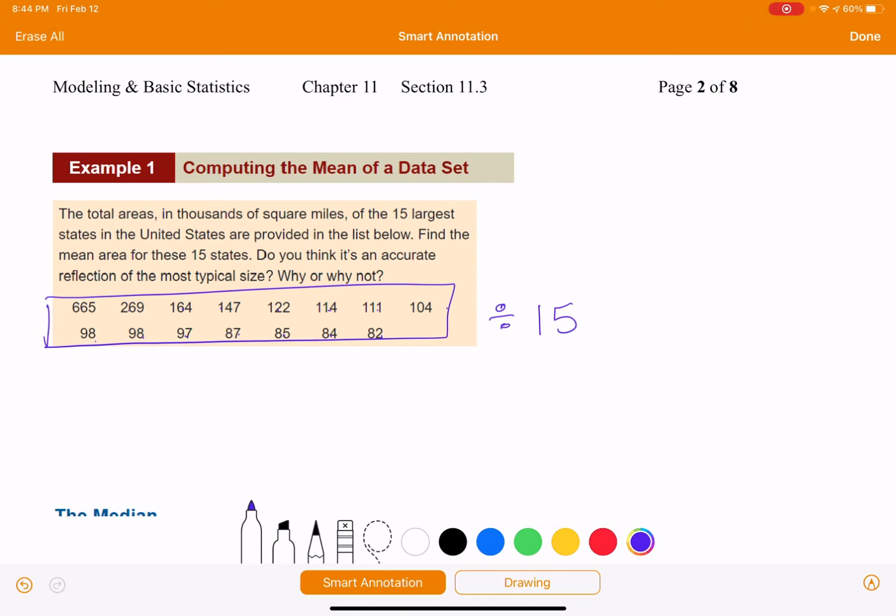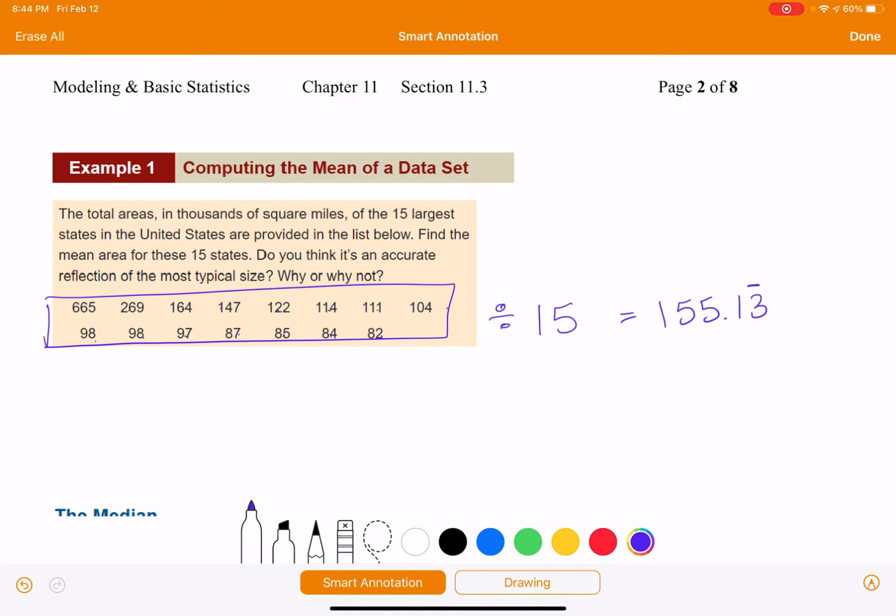Sorry, I'm adding it up too. We should be adding it up together. All right, so we got 2,327 divided by 15, which gave us 155.13 repeating.